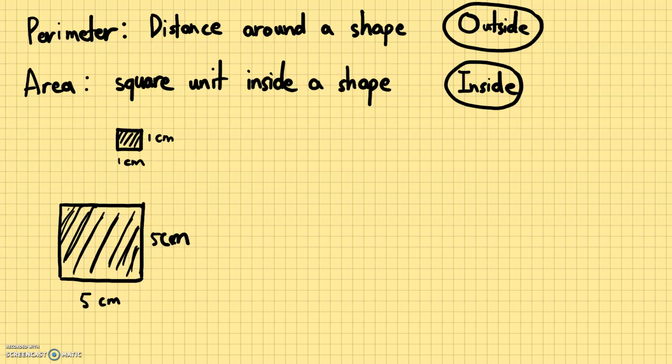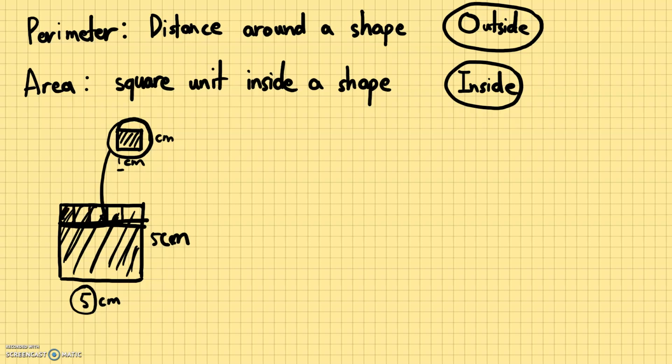So another way of saying this is how many of these squares can you put inside here? Okay, so if you put the squares inside here, because this is 1 centimeter by 1 centimeter, we can put 1 here. We're gonna be able to fit 5 this way, right? Because it's 5 centimeters.